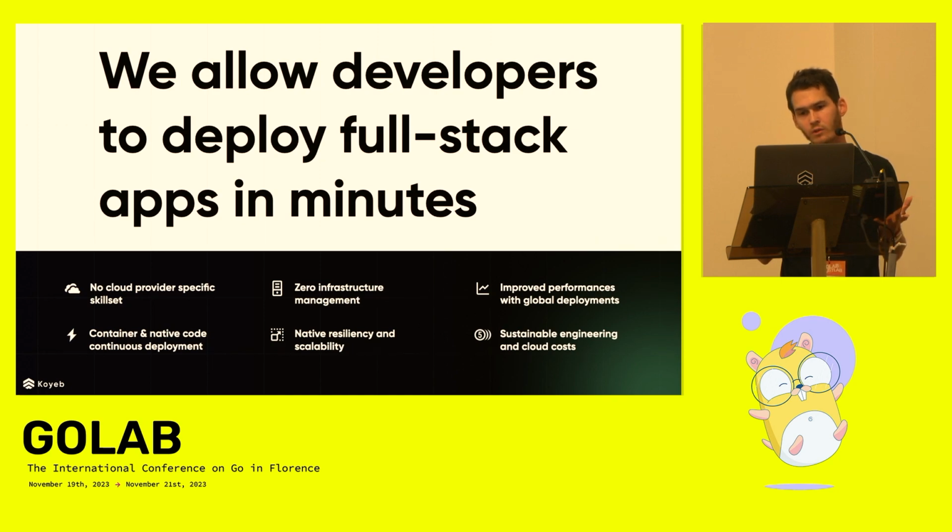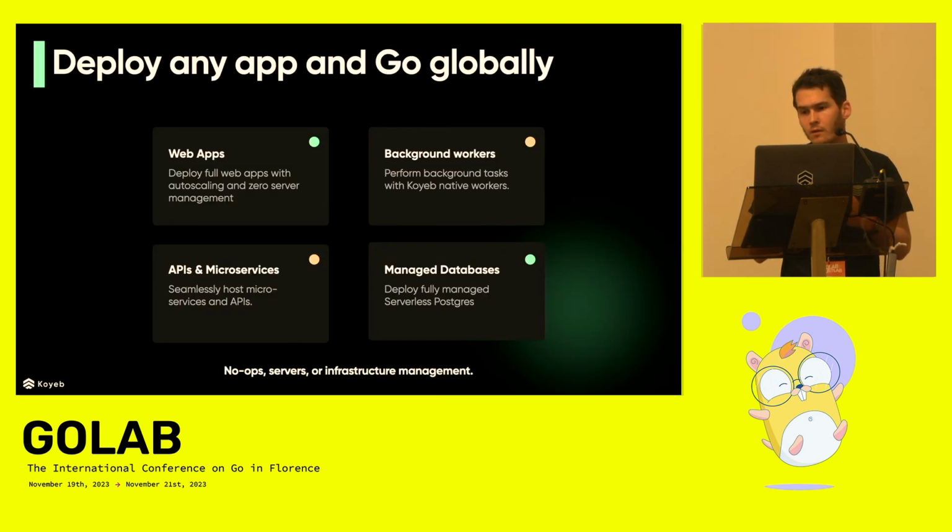Two key things we are also focused on are improving performance with global deployments and making sure that, at the end of the day, companies have sustainable engineering and cloud costs. So we let people deploy any app globally. It can be web apps, like a Django app in Python, or Go microservices and APIs which are receiving gRPC calls, and we'll make sure this is all smoothly running.